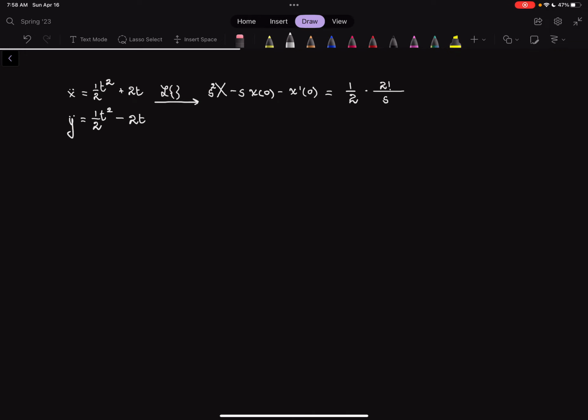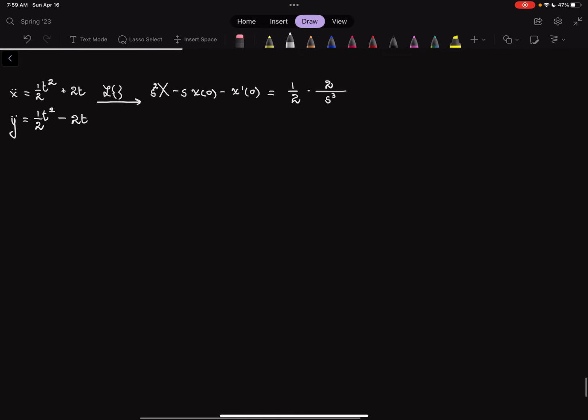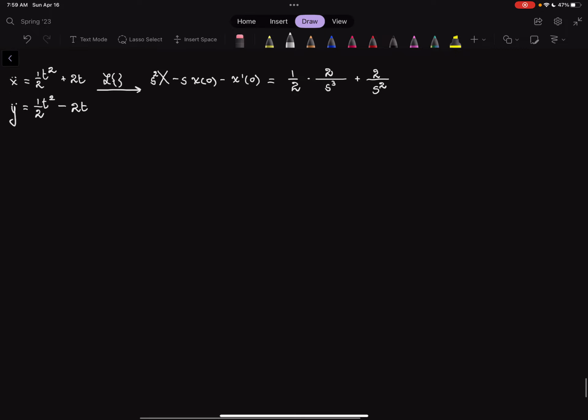So that's going to be 2 plus 1, which is 3. So we're just going to get 2 over s to the third here, plus 2 times the Laplace of t, which is 1 over s squared. So this is going to be 2 over s squared.